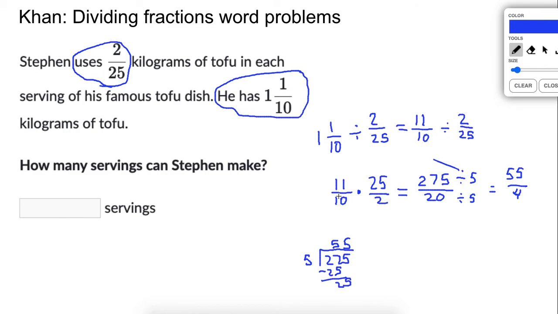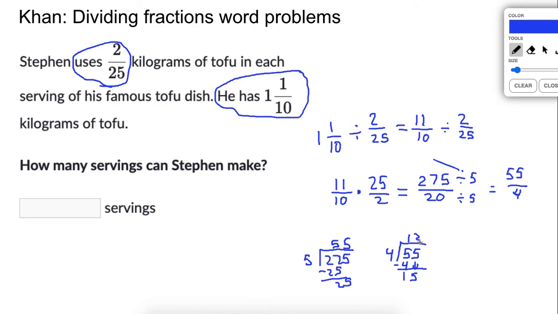But if you're cooking, 55/40 doesn't make much sense. So we would take that down to a mixed number. So let's divide that out. 55 divided by 4. So 4 is going to go into that one time. So 4, carry that down, minus that. So we're going to end up with, drop a 5 down, so we get 15.